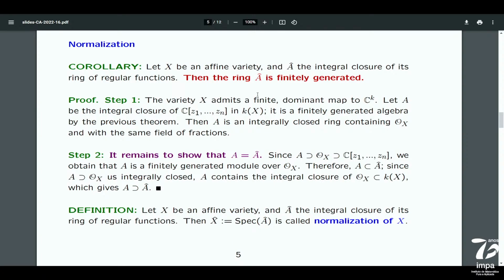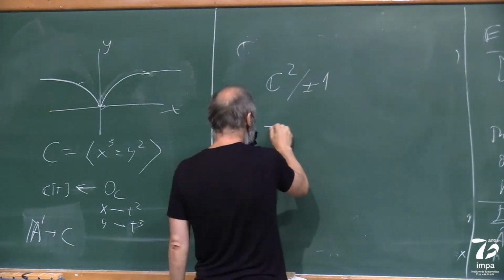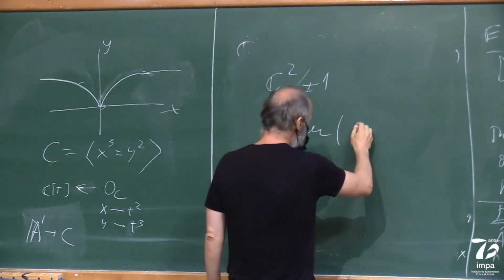Okay, so what I did, I defined normalization. I gave an example. Of course, there are lots of singular varieties which are normal. For example, as a singular but normal variety, you can again consider the quotient C squared by plus minus 1, which is the spectrum of even functions.